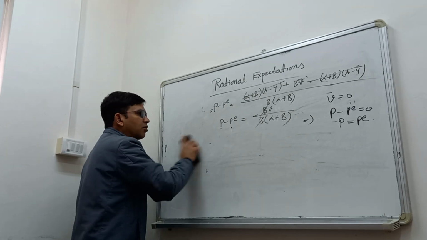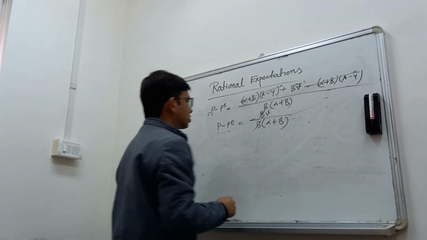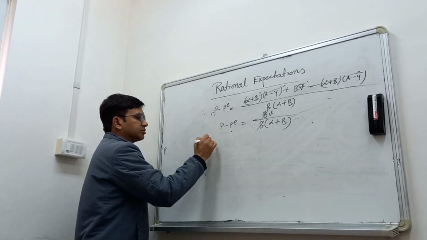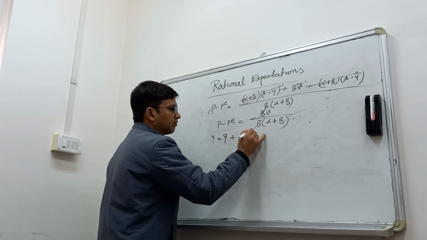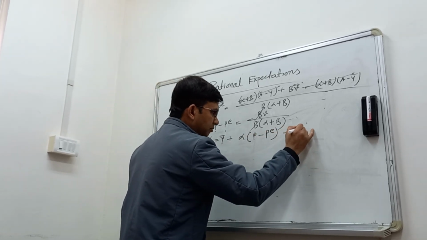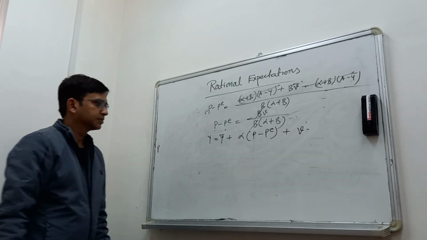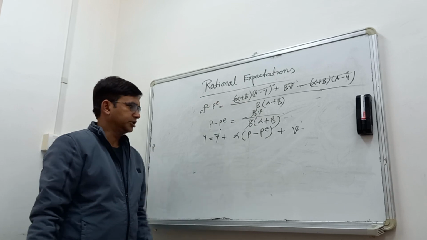So now we use this equation in the short run aggregate supply function. We know that y equals y bar plus alpha into P minus P expected plus V. So we replace the value of P minus P expected by this.